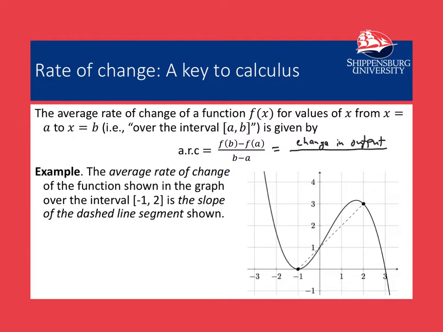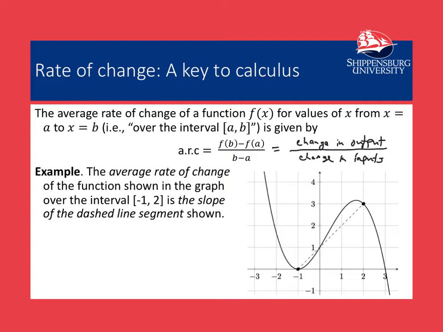That's how far we had gone. The denominator for this calculation is the change in the inputs. And in our example with a car, our inputs were the times. So the change in inputs was the 1 hour that elapsed between the two measurements. So that's what we're always measuring: change in output divided by change in input.